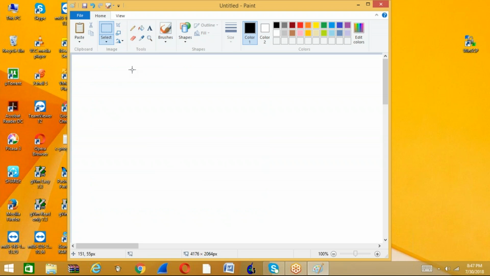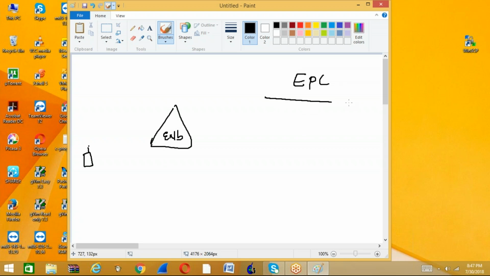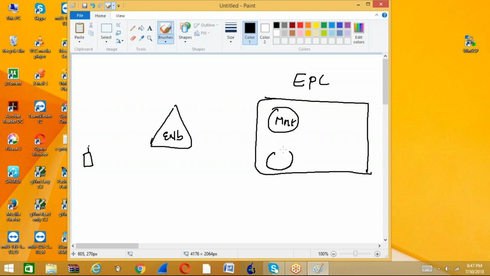Okay. So basically what we have is a mobile, we have the base station, and we have an EPC. Inside the EPC, we have MME, Mobility Management Entity, we have Serving Gateway, we have PDN Gateway, and we have PCRF.